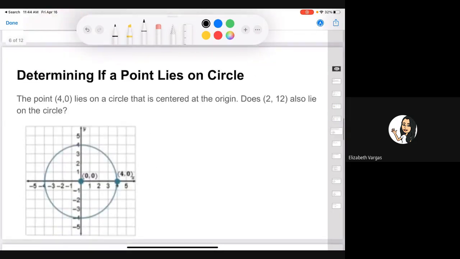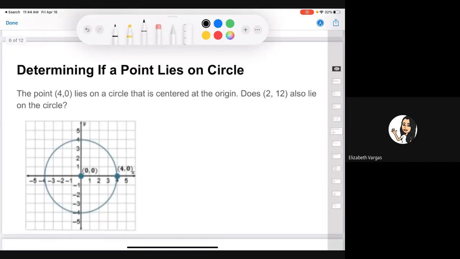No? Okay. And then this we've seen actually in our previous unit, how do you determine if a point lies on a circle? We learned that you can determine if a point lies on the circle if whatever point you are looking for has the same radius, or the distance of that point to the origin is the same as the radius of your circle.